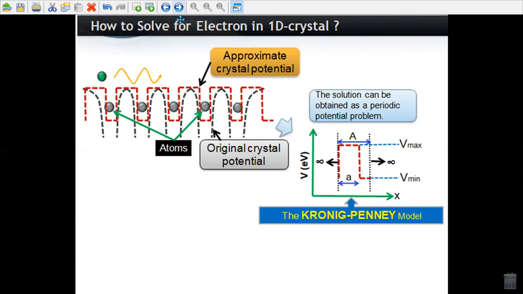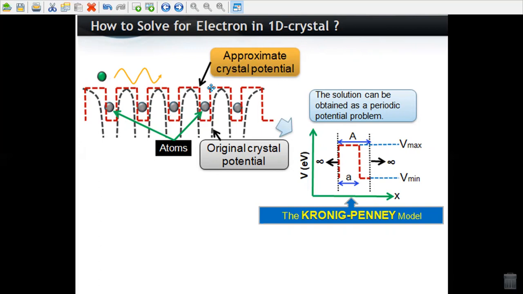So how to solve the electron in 1D crystals, right? So this is the simple model where these are the ion cores, and this parabolic type of behavior is approximated as a potential well like a step function, that we have already come across in quantum mechanical problems, starting from the electron in a box to the potential well.